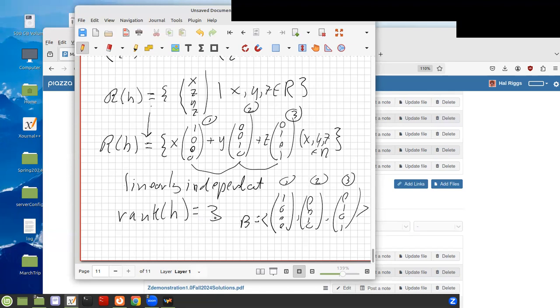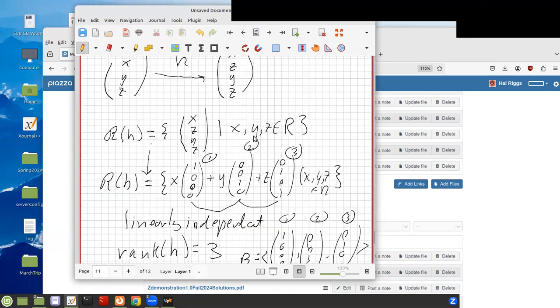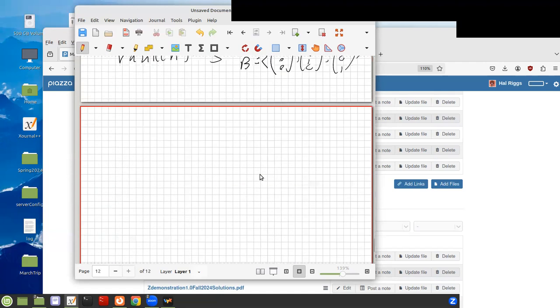Okay, so now that's the first bit, right? Then you have to go back and say, for this map, what is the null space? You're confusing the null space with the nullity. The null space is a vector space.